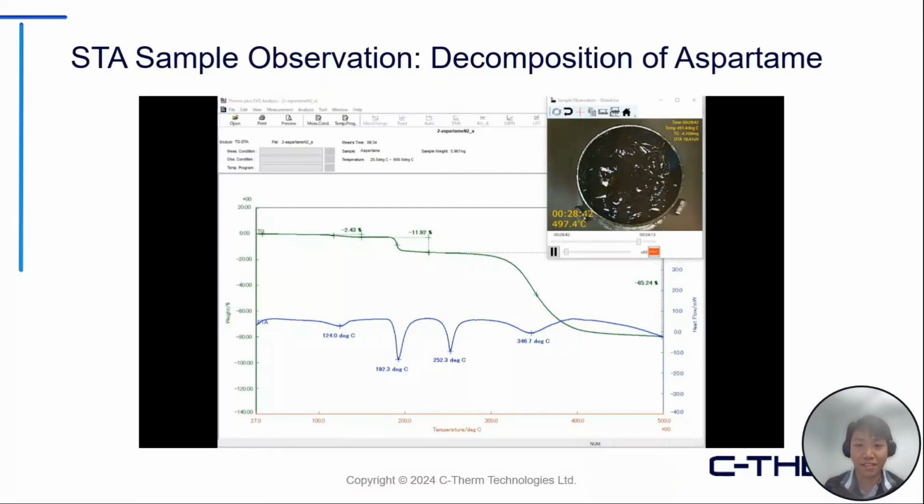But again, this is what the operators would see if they did not have a sample observation feature at the very end of the measurement. So after the sample has cooled down and the sample has been taken out, all they'll see is this black tarry substance in the sample pan, and we cannot tell what had happened throughout that measurement. So having the sample observation feature here is definitely an advantage.